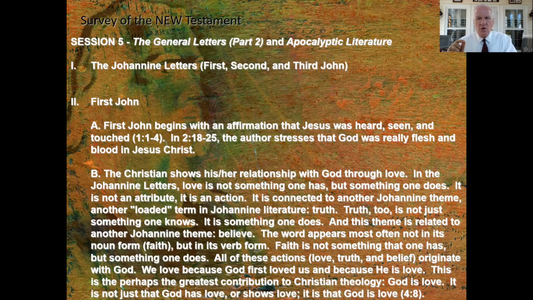The word believe appears most often not in its noun form, which would be translated faith, but in its verb form in First John. So faith is not just a possession, it's not just something one has, it's something that one does. And all of these actions, love, truth, and belief, originate with God.